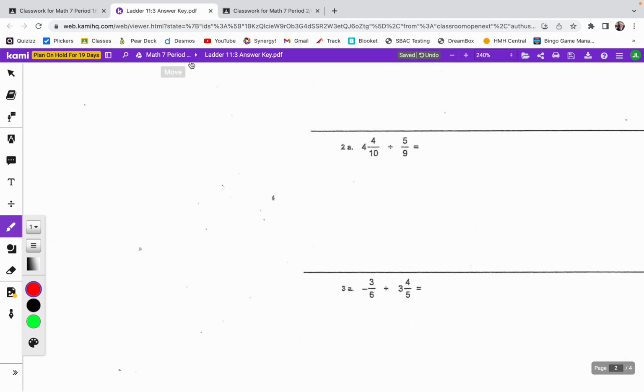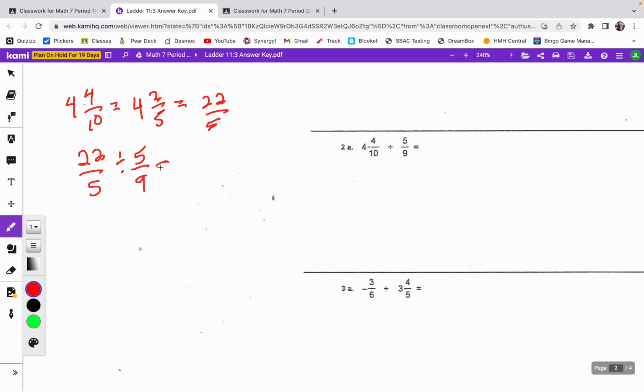This is a positive divided by a positive. So 4 and 4 tenths is the same as 4 and 2 fifths is the same as 22 fifths. So 22 fifths divided by 5 ninths is the same as 22 fifths times the reciprocal of 5 ninths, which is 9 fifths.